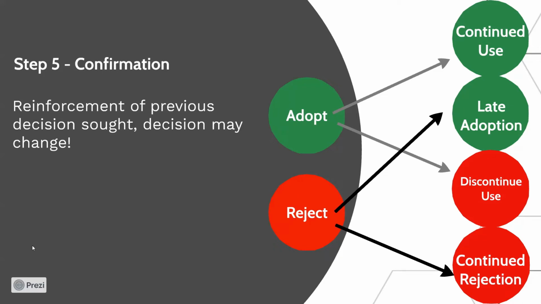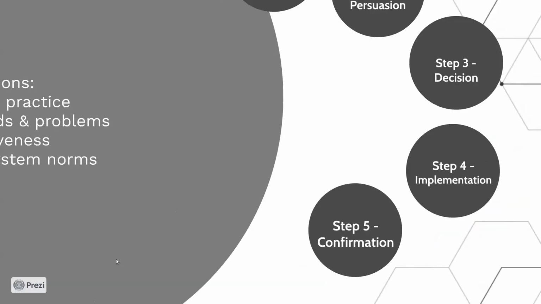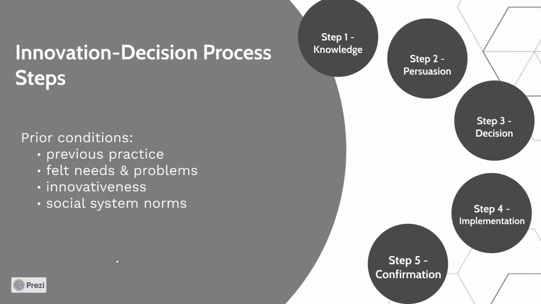It's important to note that in the book, one of the things that we talk about as being difficult about innovation research is the variable of time, because depending on where we draw our time window, how a person or organization moves through these steps is going to change.